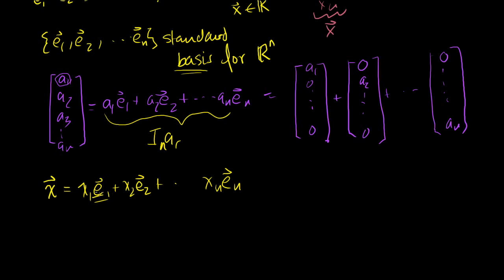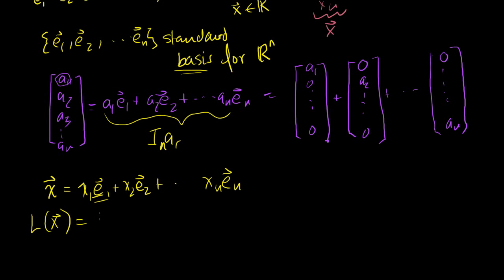Now, we know that by definition, a linear transformation of our vector x is the same thing as taking the linear transformation of this whole thing.